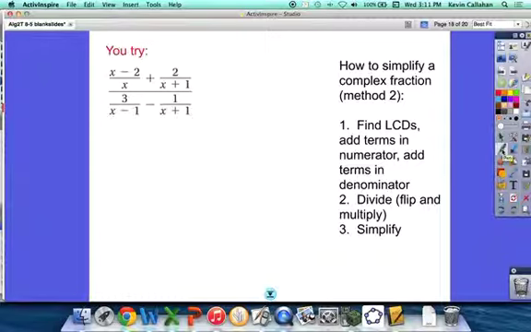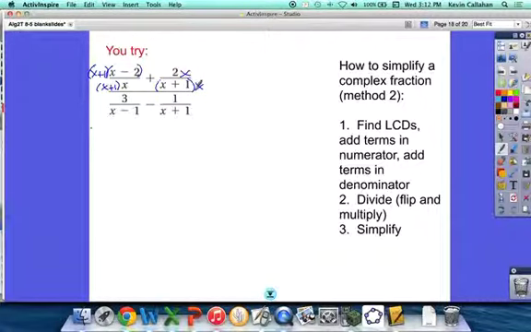Okay, so for the numerator, the least common denominator will be x times x plus 1. So I will multiply the first fraction by x plus 1 over x plus 1. And I'll multiply the second fraction by x over x.